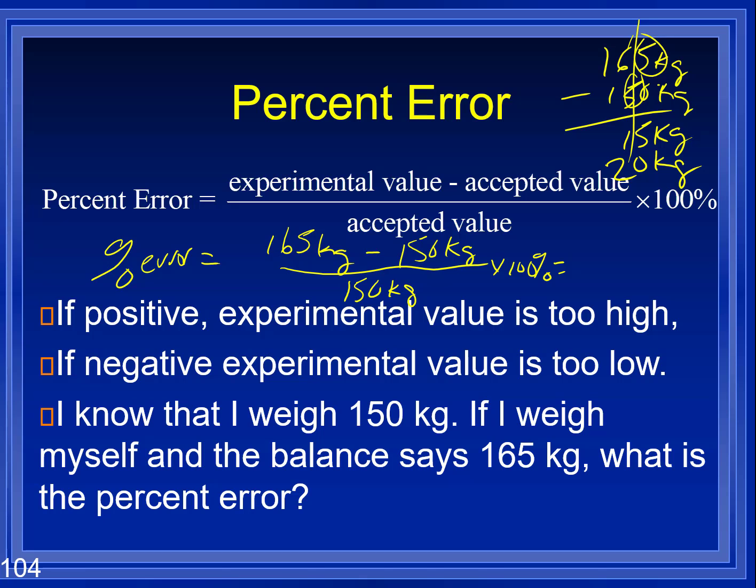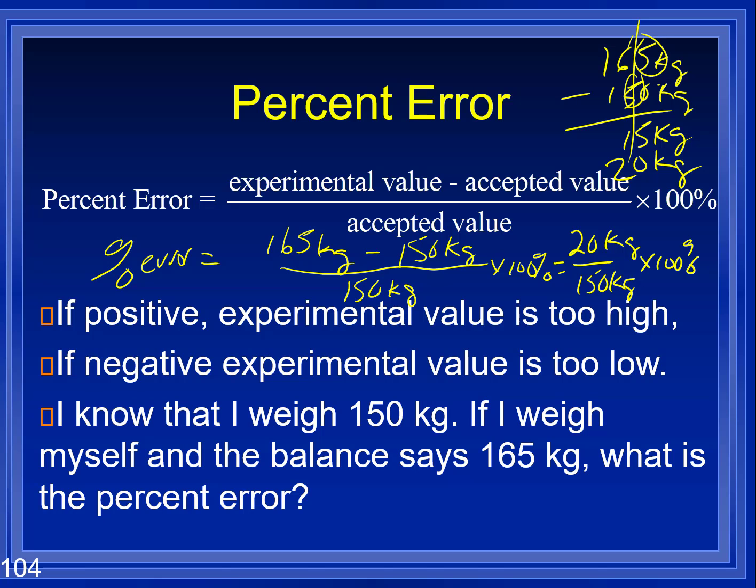So now I have 20 kilograms divided by the 150 kilograms times 100%. So 20 divided by 150 equals, times 100. Okay, the 20 has how many sig figs? 1.